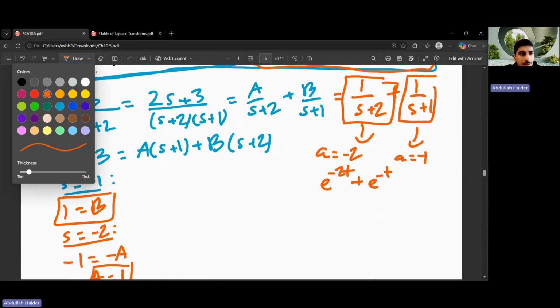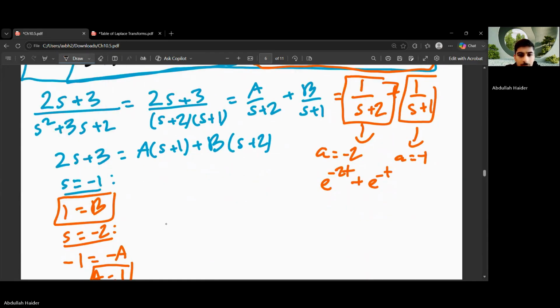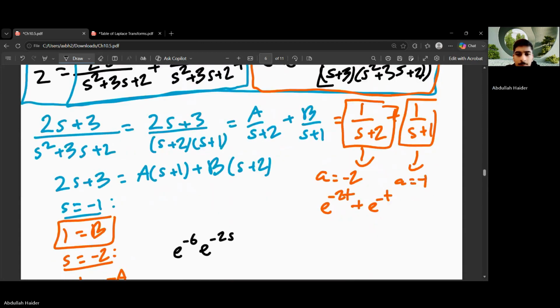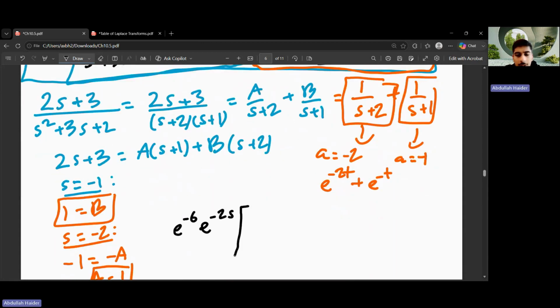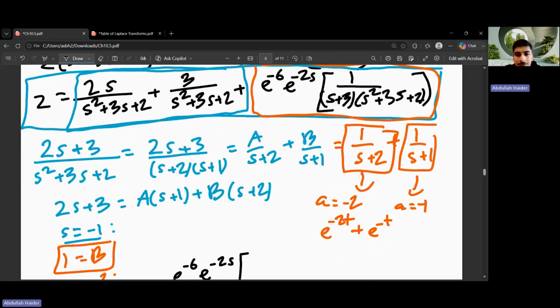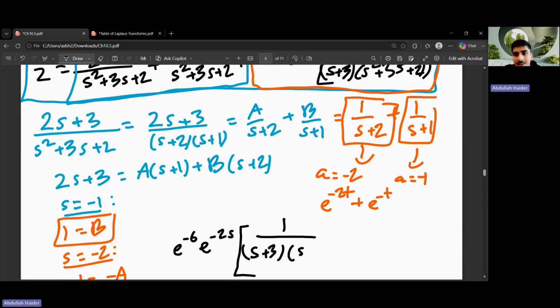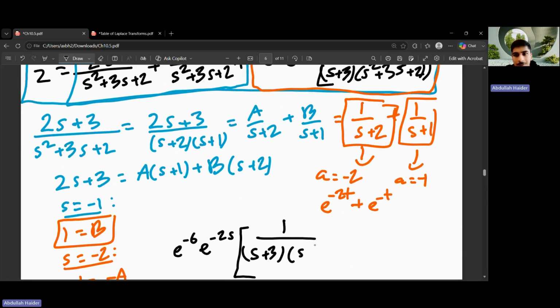So now you need the partial fraction of e power minus 6, e power minus 2s, and you can split it from the inside, so 1 over s plus 3. Since it's the same polynomial, you can write s plus 1, s plus 2.